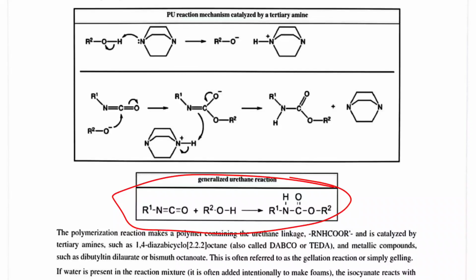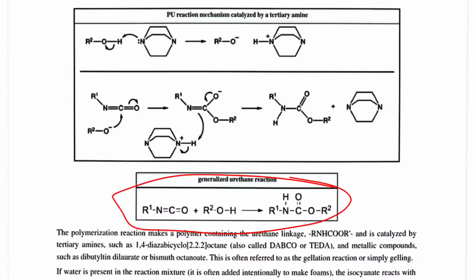Student, you know the carbon of diisocyanate is attached to one nitrogen atom and one oxygen atom. Both are highly electronegative atoms, hence they withdraw electrons from the carbon, and the carbon is very electron deficient in isocyanate.